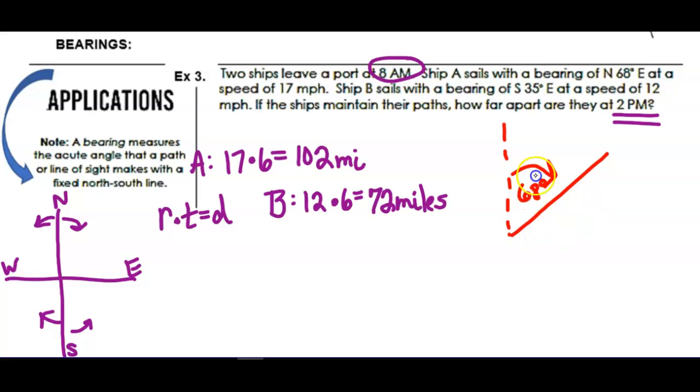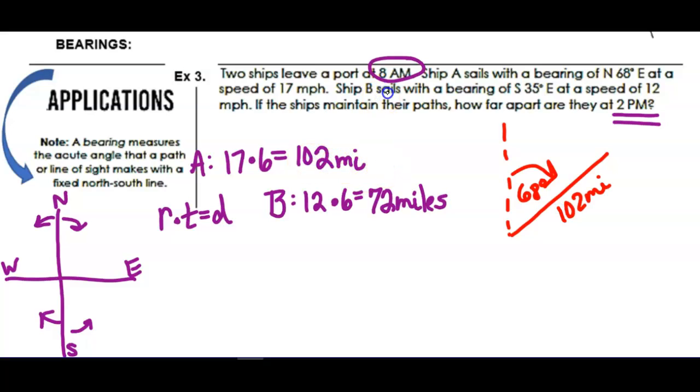Towards the east. Off of north 68 degrees towards the east, it says. They're always measured off of north-south according to this. And that is ship A. And ship A was 102 miles, according to our calculations.